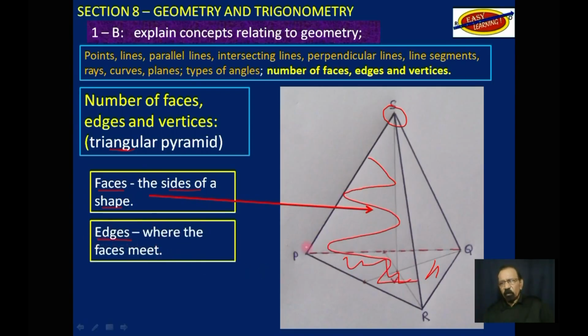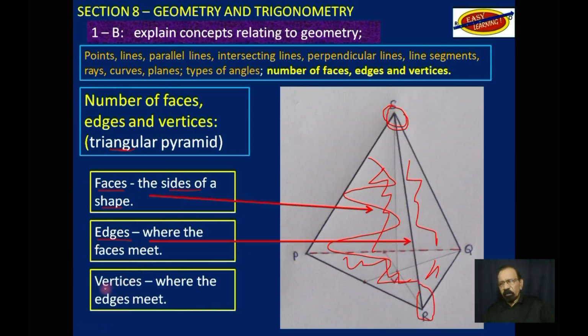Edges, where the faces meet. And by now you know this front face here meets that one there along the line SR. That is one edge.